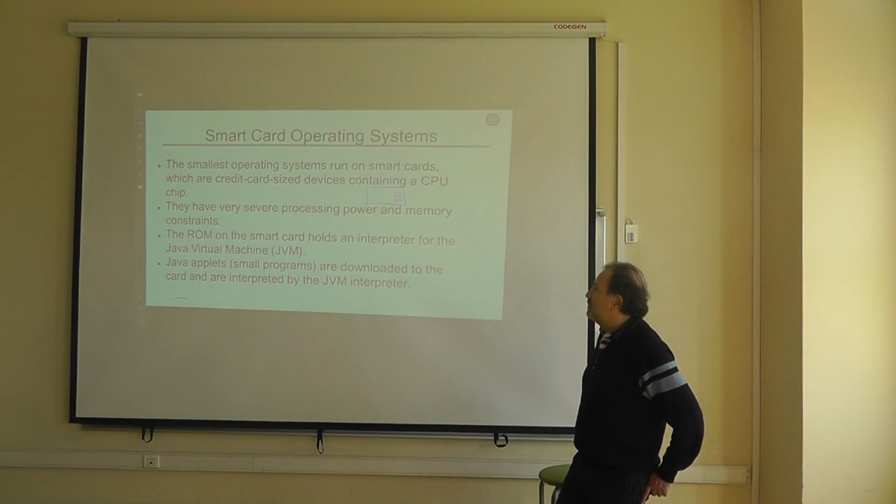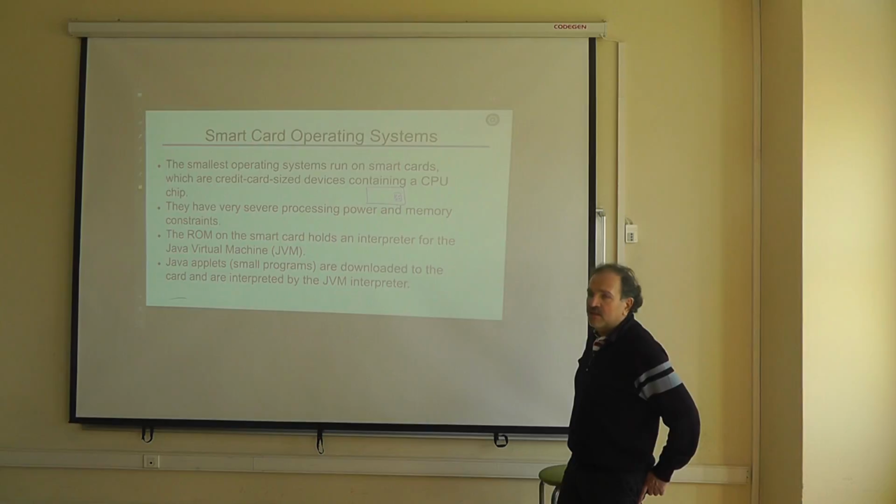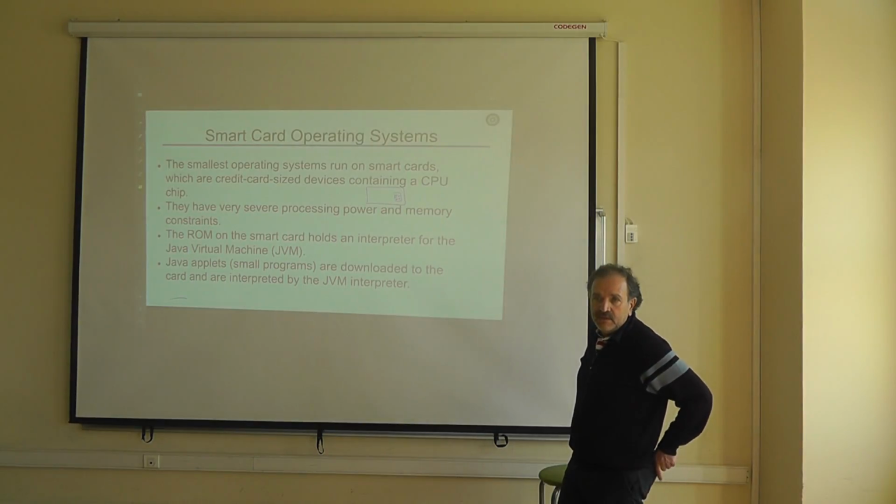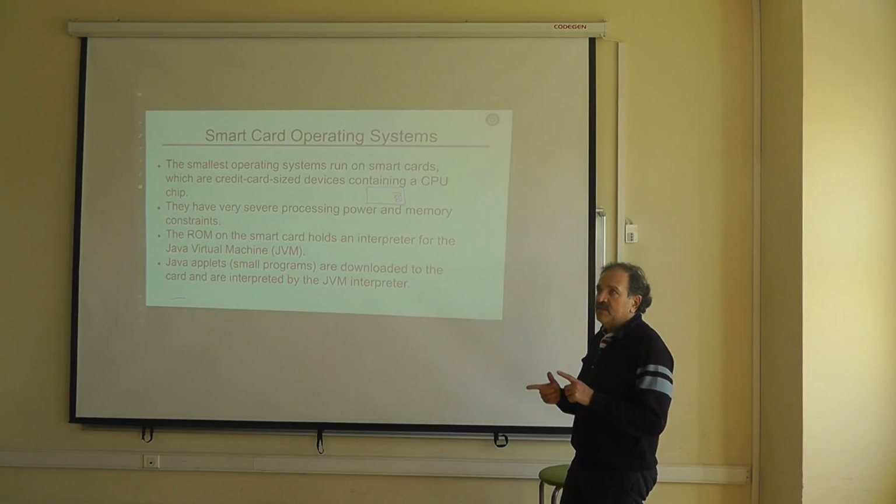Yes, if they say it's a smart card, smart ID card, smart something, that means it has a computer. When you have a computer, you have an operating system. A computer has to have a CPU, but using only a single CPU doesn't make it a computer.